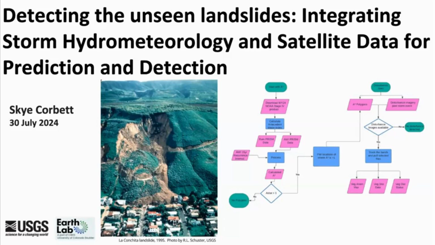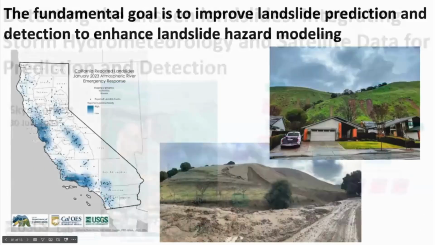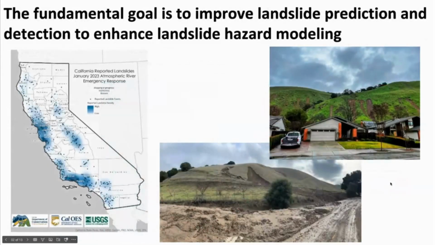Today's presentation is Detecting the Unseen Landslides: Integrating Storm, Hydrometeorology, and Satellite Data for Prediction and Detection. Next slide, please. The exact percentage of landslides detected versus the actual number that occurs in California is challenging to determine due to the variability in detection methods and reporting accuracy.